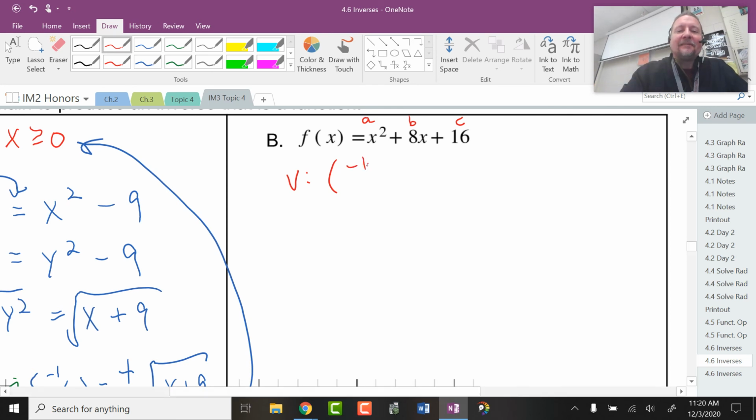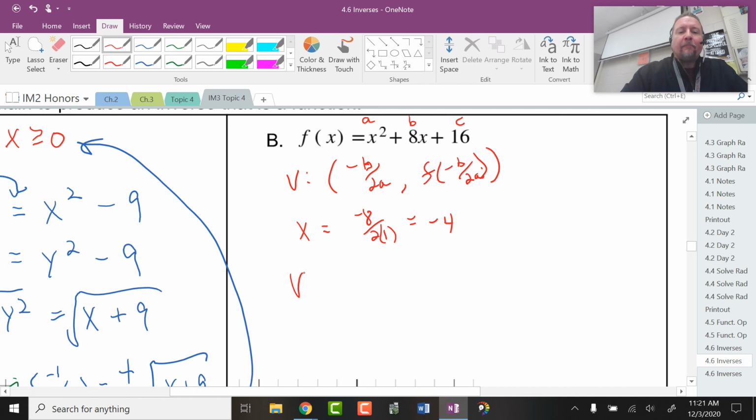Anyone remember this? You should. So when I do negative b over 2a for the x coordinate of the vertex, negative 8 over 2 times 1, which is negative 4.